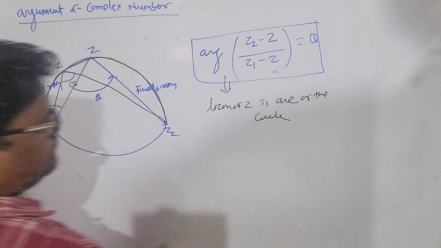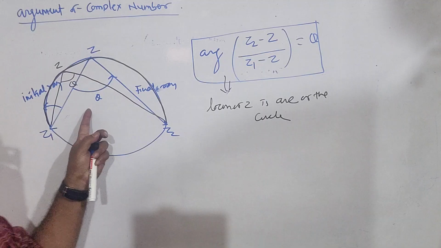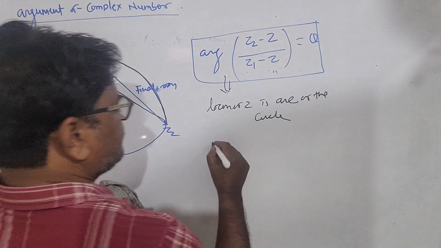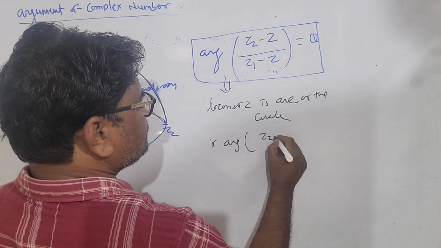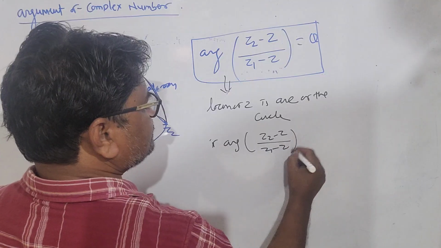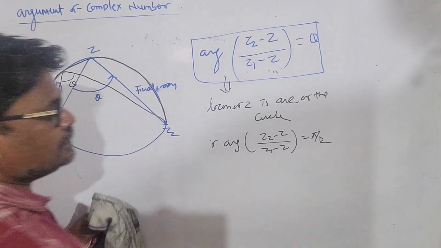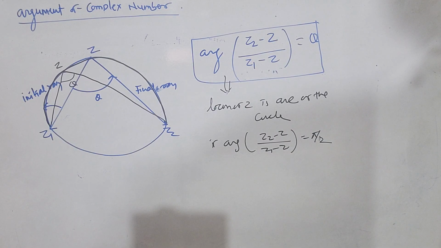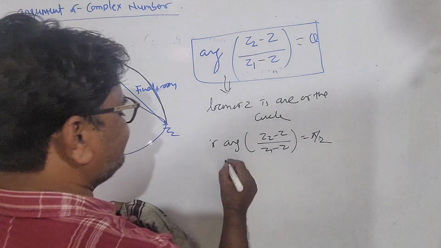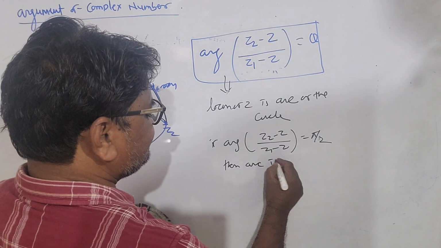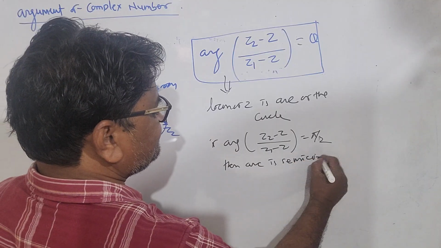Arc of the circle. If argument of Z2 minus Z by Z1 minus Z is pi by 2, that is 90 degrees, then the arc is a semicircle.